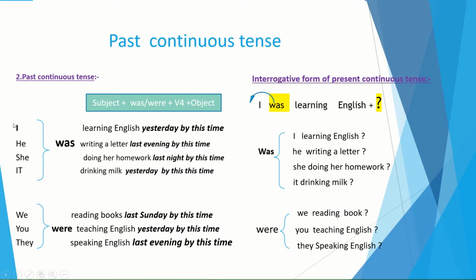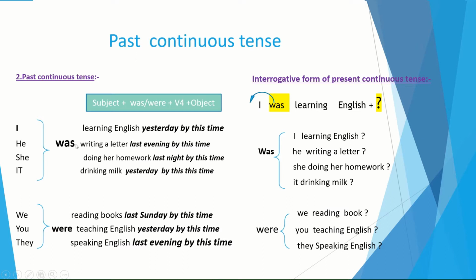So here I is subject, was is be form, learning is V4 of learn, English is object, yesterday by this time is keyword. So I was learning English yesterday by this time. He is subject, was be form, writing V4, then a letter object, last evening by this time keyword.